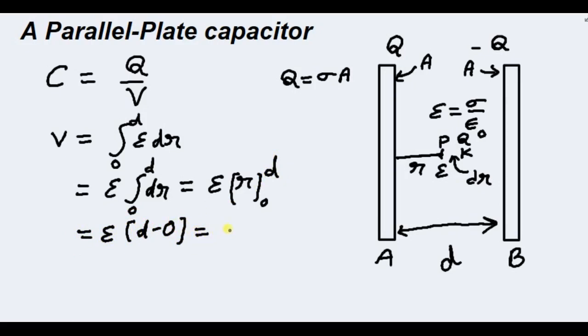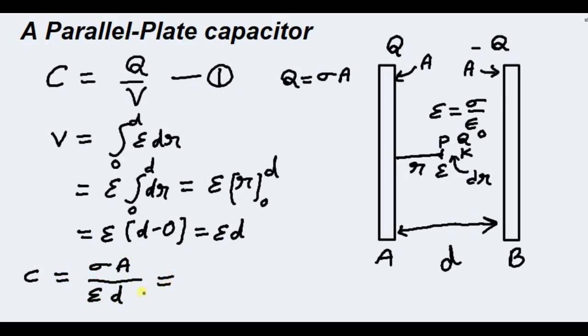It will be equal to E D. Using these values in this equation 1, we get C is equal to sigma A, it is the value of Q, upon V, it is equal to E D.